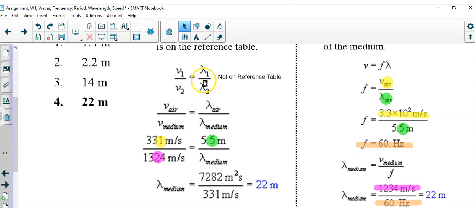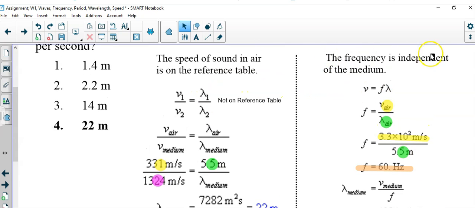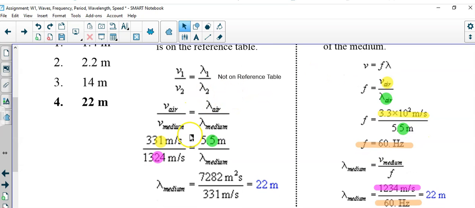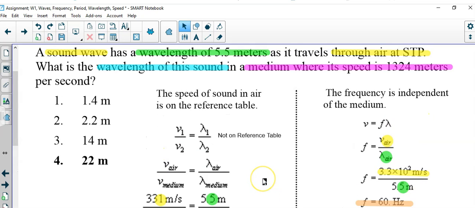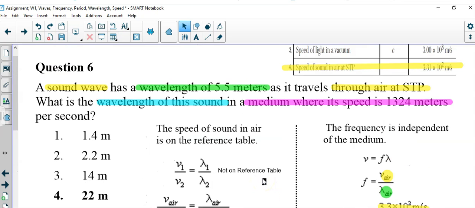What makes this legal is because frequency is independent of the medium, and then they set the ratio here, 331 to 1324, 5.5 to unknown. Solve for the unknown, and you get 22 meters. Alright, that was a pretty challenging problem, but it's good because we covered a lot of concepts. Let's move on to another one.